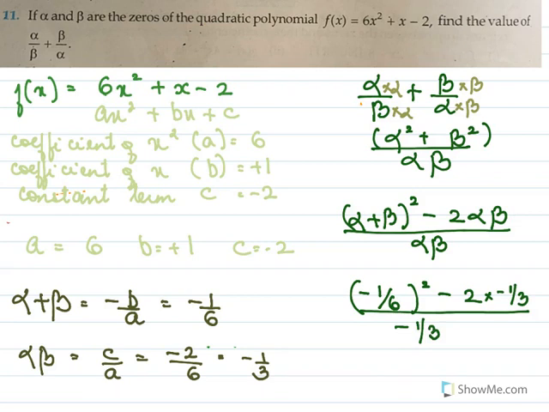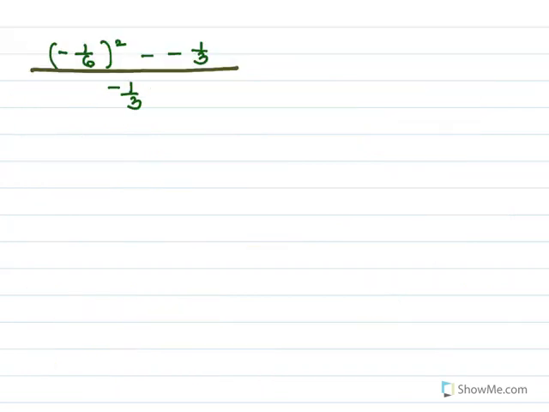Let's go ahead and solve this expression. So this is our expression. Now let's solve it. In the first term, minus 1 by 6 the whole square will be 1 by 36. Minus minus plus 1 by 3, we have divided by minus 1 by 3.